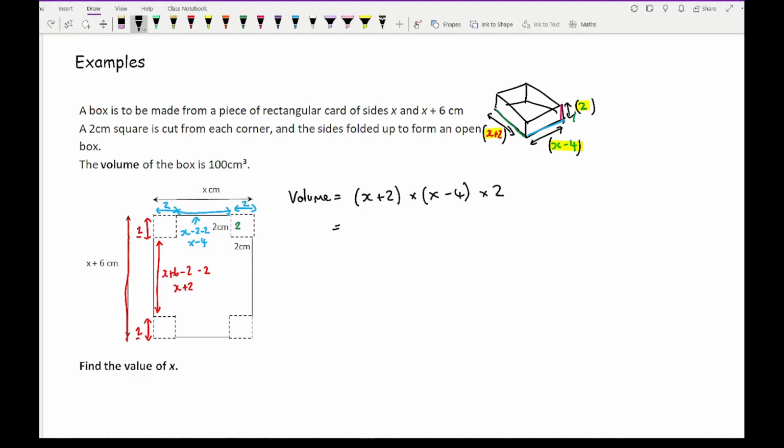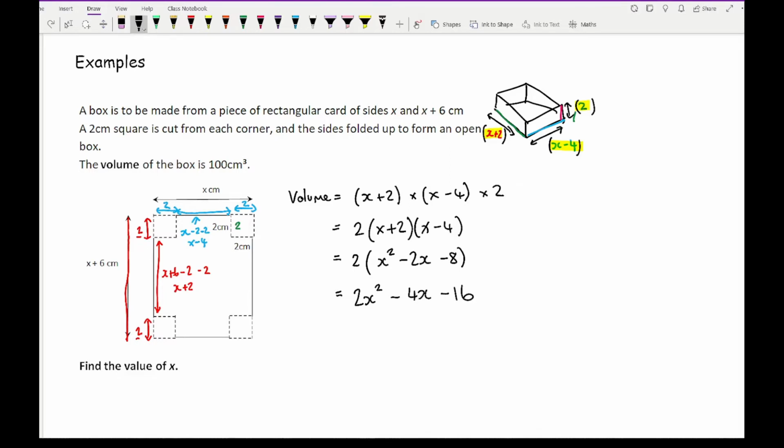Now if I write that using proper algebra, it's going to be x plus 2, x minus 4. Now if I expand that all out, I'm going to leave the 2 for now, and I get x squared minus 2x minus 8, and if I then multiply everything by 2, I get 2x squared minus 4x minus 16.